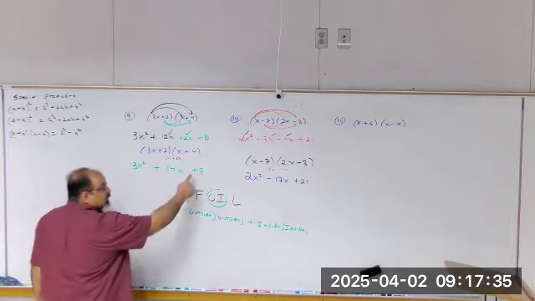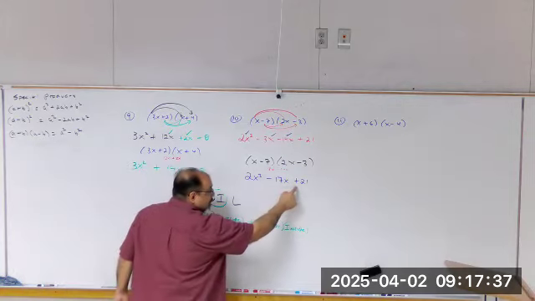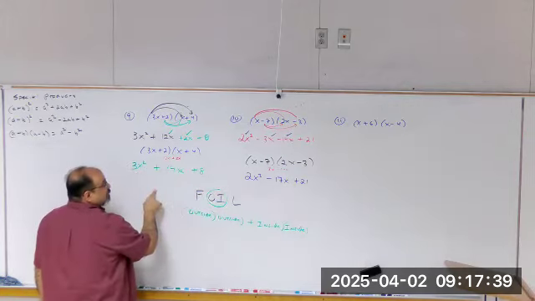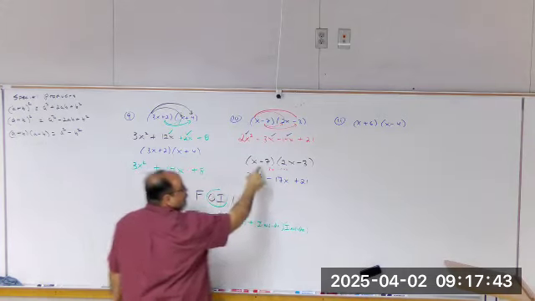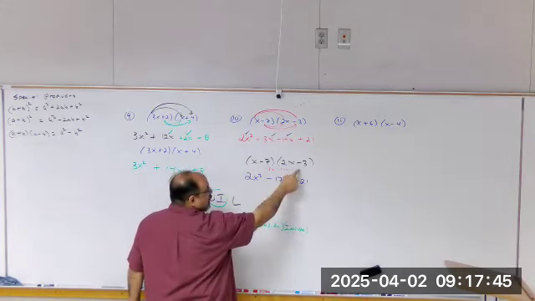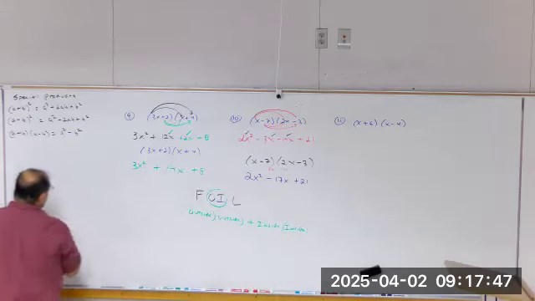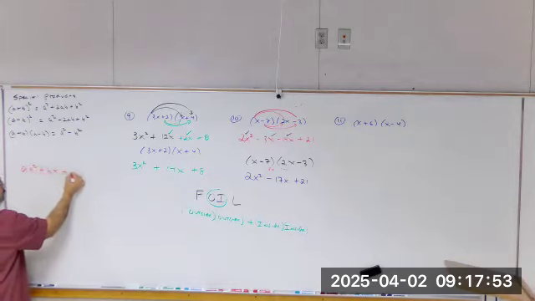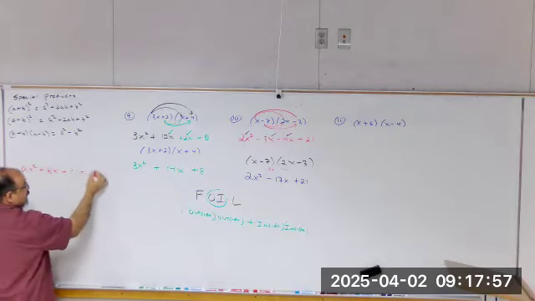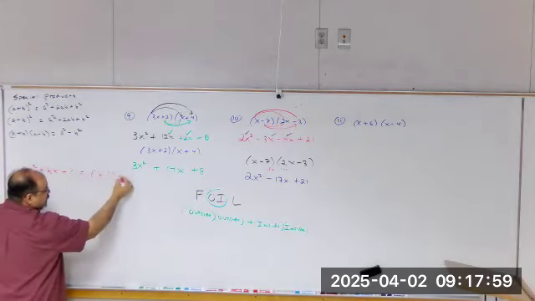Both of these ended with a plus. The only way you're going to get a plus is if you multiply either a plus and a plus or a minus and a minus. So when you're factoring, if you have ax squared plus bx plus c, if it's a plus, it has to be plus plus in the parentheses.